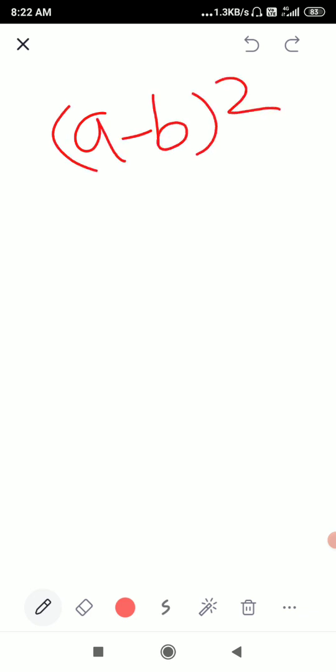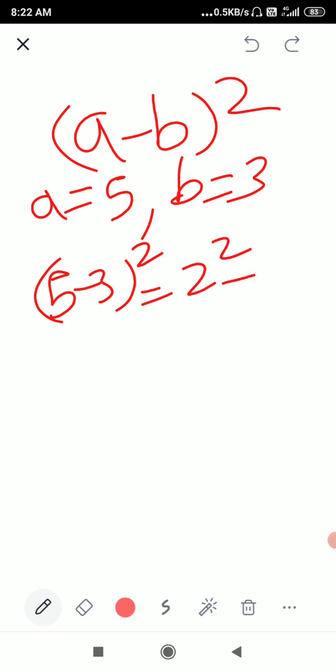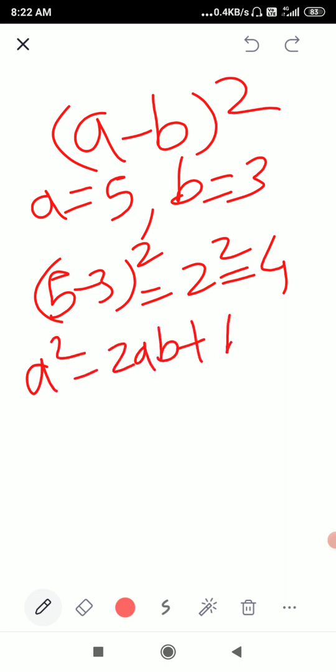Now a minus b bracket square, here also I will take a is equal to 5 and b is equal to 3. So 5 minus 3 is 2, and 2 square is 4. So the expansion here we will write, a square minus 2ab plus b square.